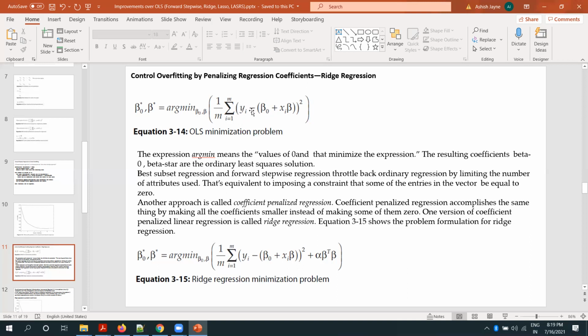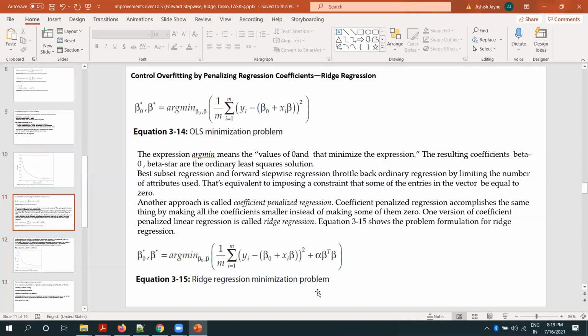You're subtracting it and taking the sum of squares, so this is a square, and you are giving it a summation and multiplying it by 1 by m. So this is the mean sum of squares. And argmin means that what you are essentially doing is finding beta naught and beta, the variables you are trying to minimize.